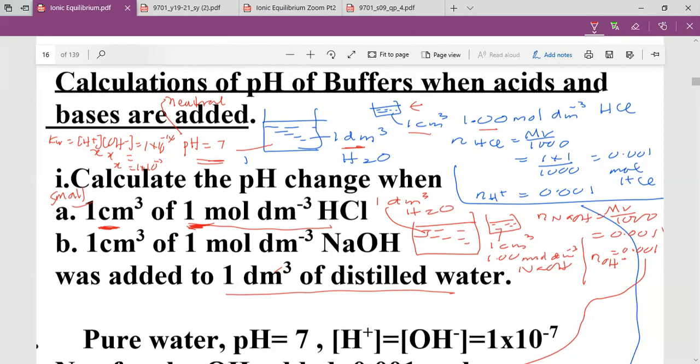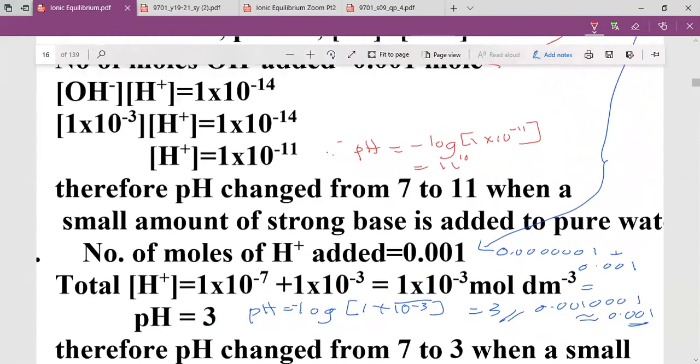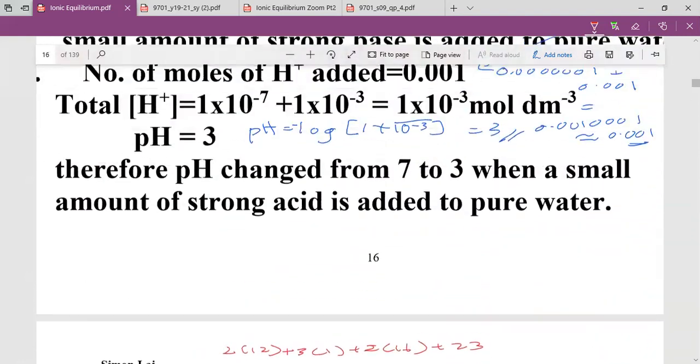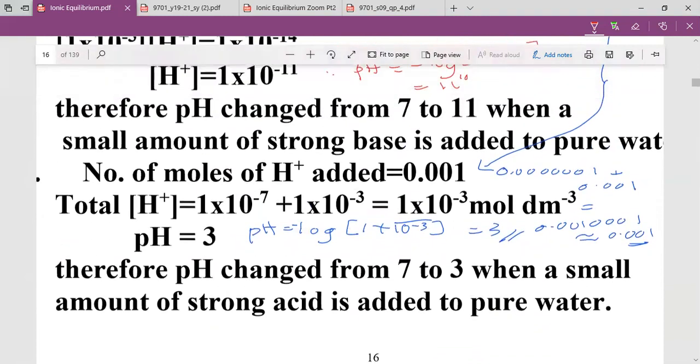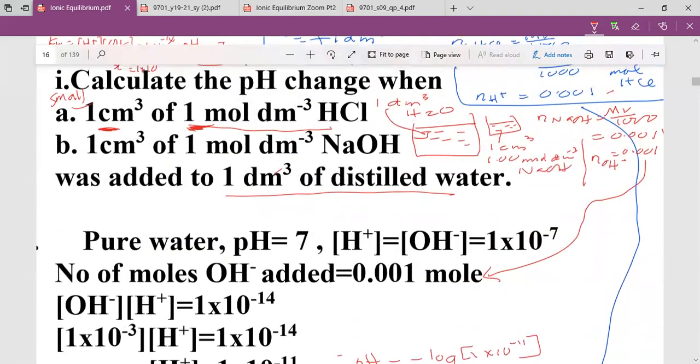I want to find out how many moles of HCl there are. Moles is MV over 1000, so 1 times 1 over 1000 contains 0.001 mole of HCl added here. So the number of moles of H plus added is 0.001, in 1 cm cube of 1 molar HCl.